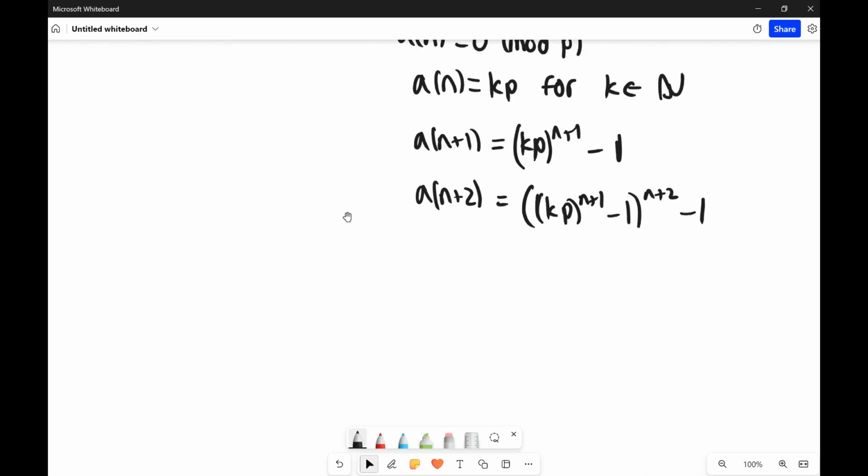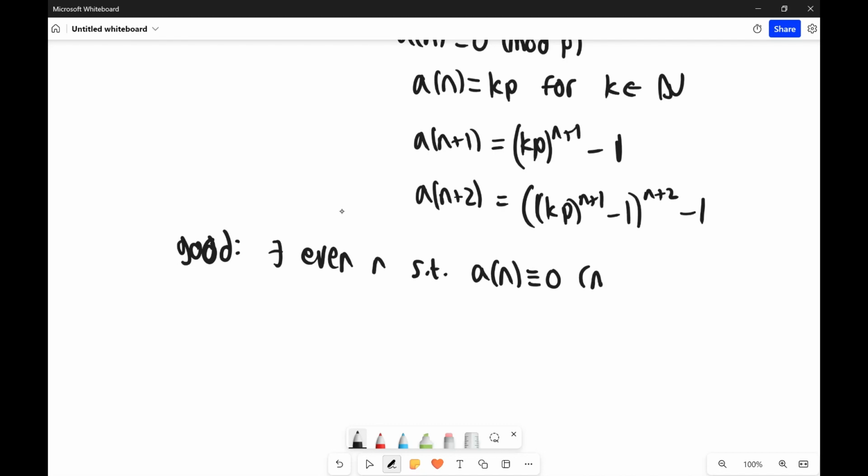Let's go ahead and call a prime p good if there exists an even n such that a(n) is equivalent to 0 mod p, and bad otherwise.